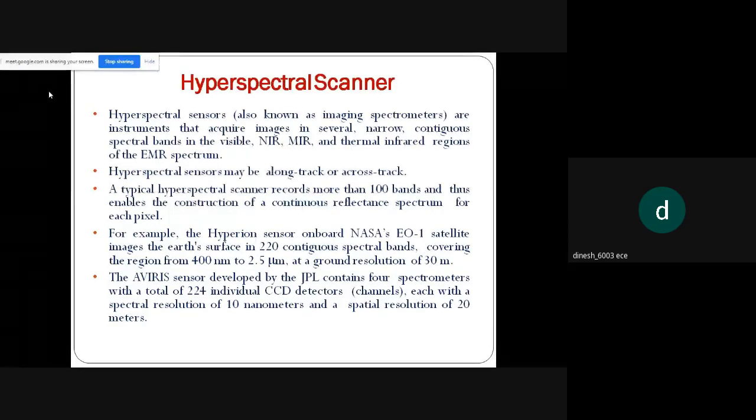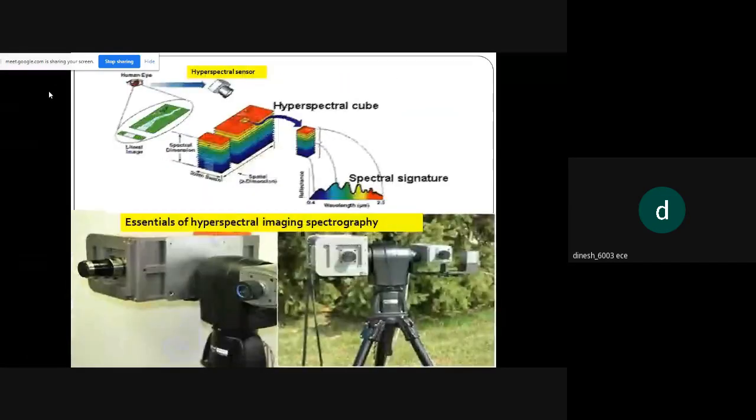The sensor developed by the JPL will have 4 spectrometers with a total of 224 individual CCD sensors or channels, each with a spectral resolution of 10 nanometers and a spatial resolution of 20 meters. So this is the hyperspectral sensor.